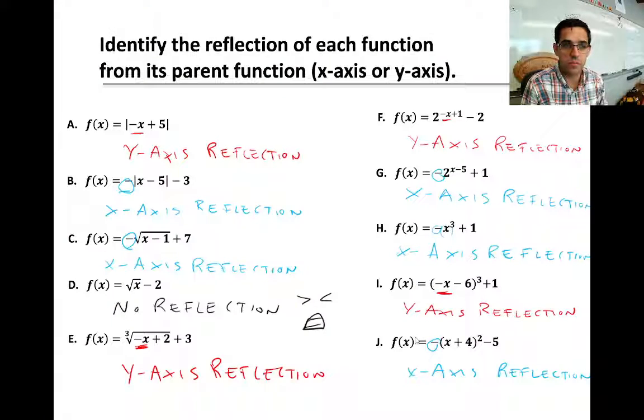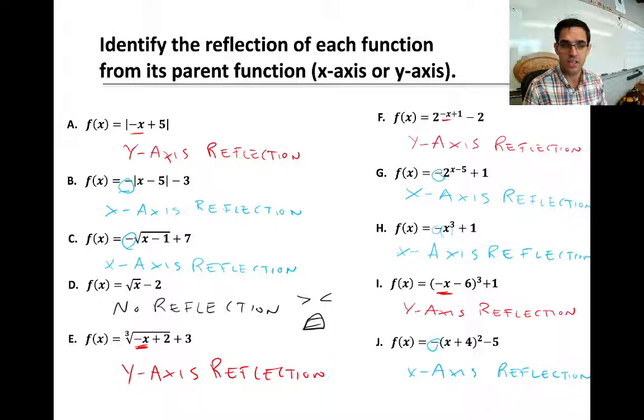All right, some examples here. So looking at reflections, when we're trying to find if there's a reflection on a function from the function notation, we're basically looking for negative signs. If the negative sign is inside the brackets, recall that means it's a reflection over the y-axis. And if the negative sign is outside of the brackets, it's going to be a reflection over the x-axis.